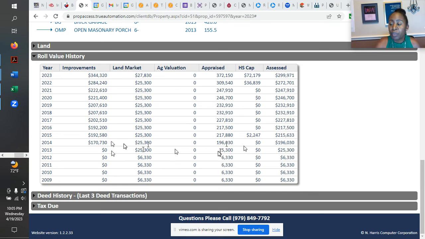But this is where, with new construction, you have to be careful, because a lot of times when you buy your house, your initial mortgage payment is set up based on the applicable tax bill.